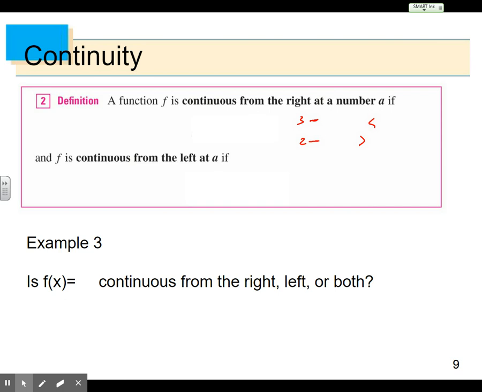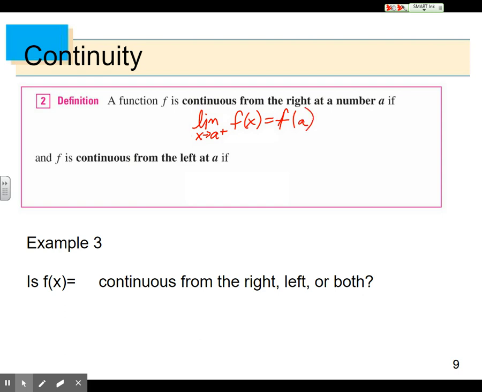Now, just like we have left-hand and right-hand limits, we can also be continuous from the left or the right. Okay? So a function f is continuous from the right at a number a if the limit as x approaches a from the right of f of x is equal to, not L, I'm going to get f out of it, f of a.